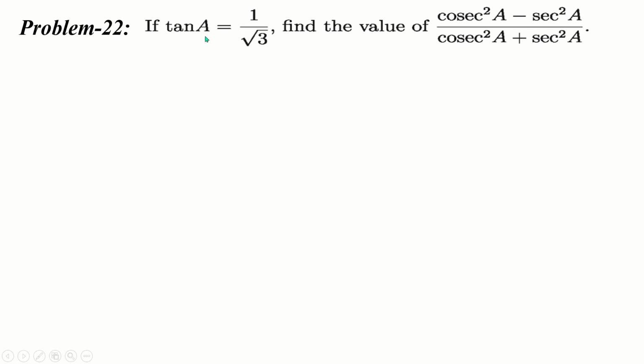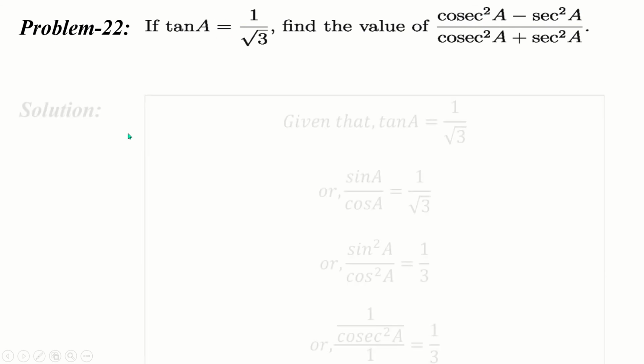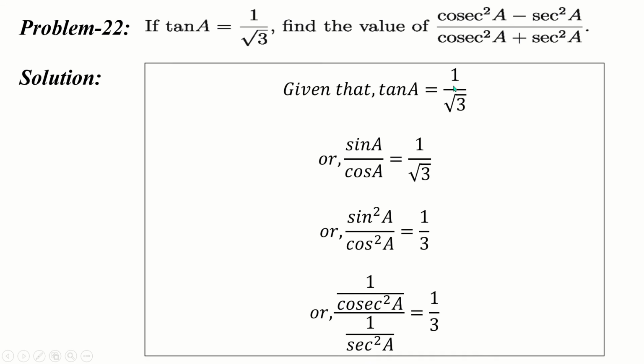Problem 22: here given tan a equals 1 by root 3. Find the value of this. As here is a square, we have to square both sides. Tan a equals sin a by cos a, which equals 1 divided by root 3, so sin square a by cos square a equals 1 by 3 by squaring.